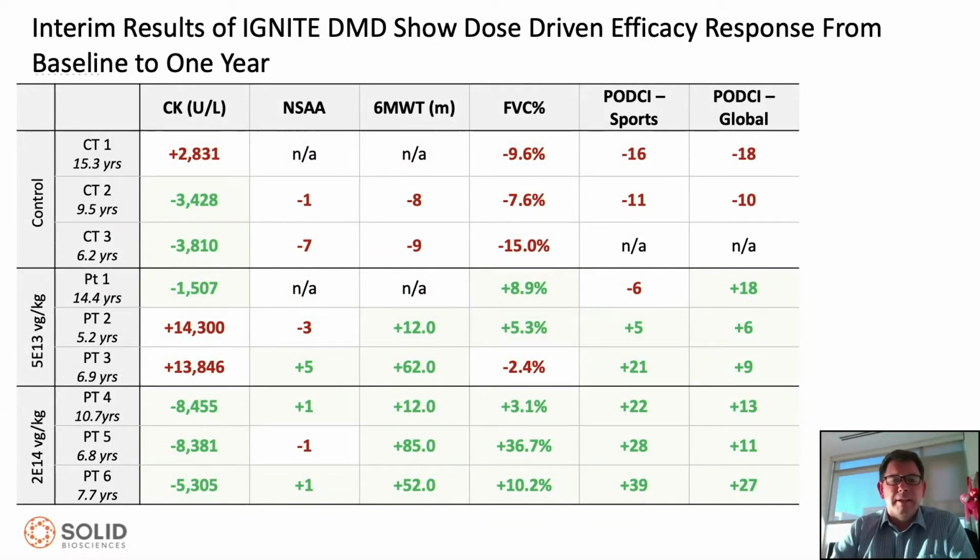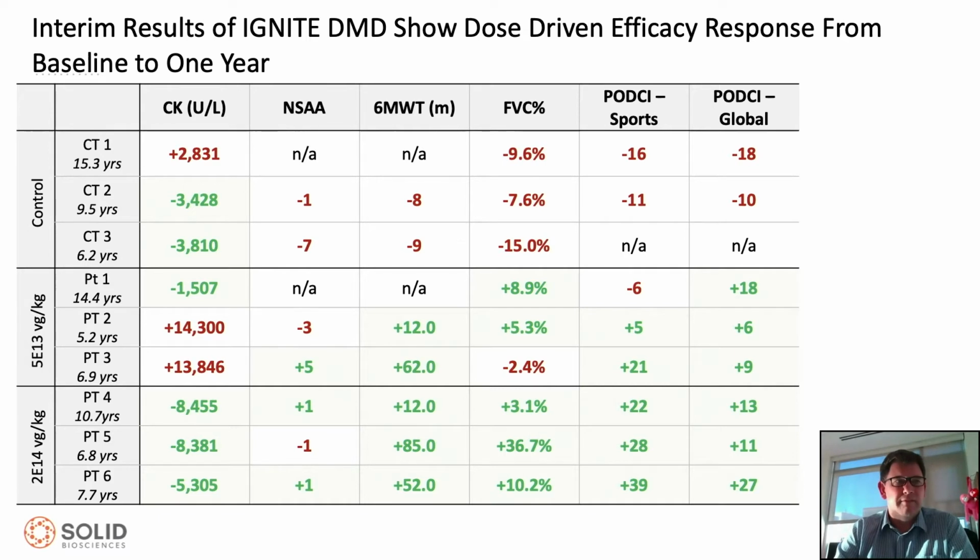So in March at the MDA clinic, we reported the long-term clinical, biomarker and functional data, highlighted here. As you can see on the heat map, there were positive trends in many of the endpoints in the dosed patients at that 1 year time point, with more green, which is a positive response, seen at the bottom in the high dose cohort than at the top in our control untreated group.